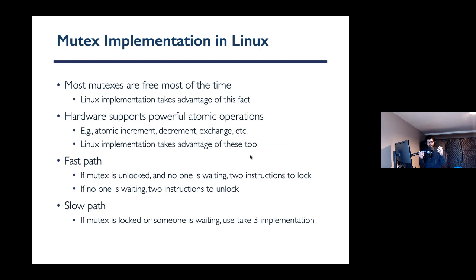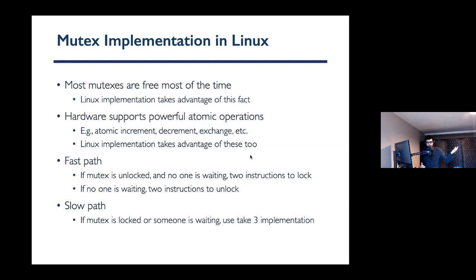You could have a condition where the mutex is very much busy, but in most cases, 99% of the cases, mutexes are usually free when you acquire them, and race conditions are rare. So this is one observation. The second observation to make is that hardware provides other atomic operations as well that we can use.